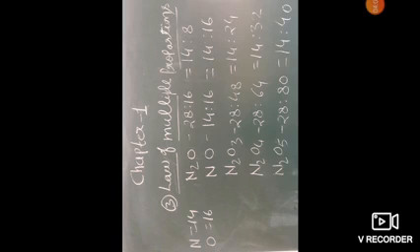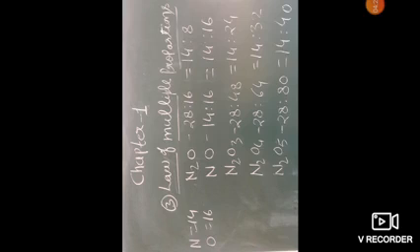Now NO means 1 nitrogen and 1 oxygen. One nitrogen atomic mass is 14 and one oxygen mass is 16, and it remains the same. Now the N2O3.